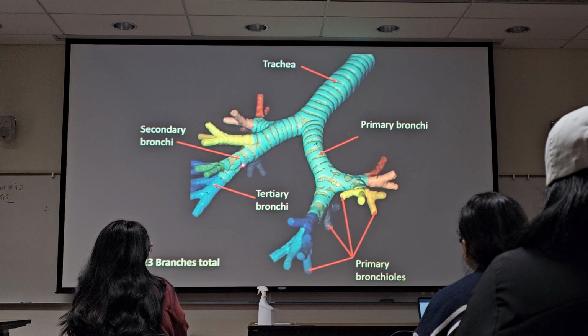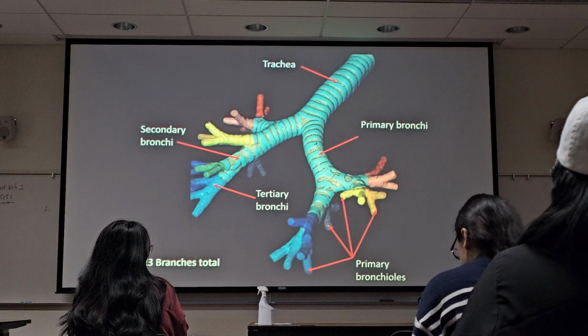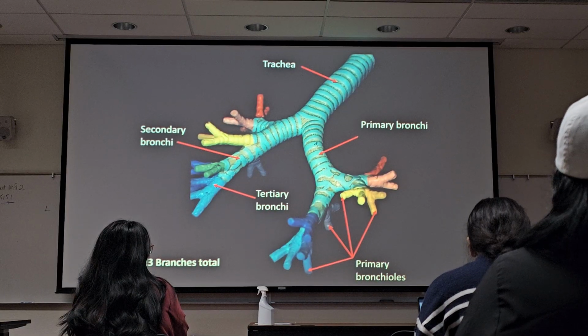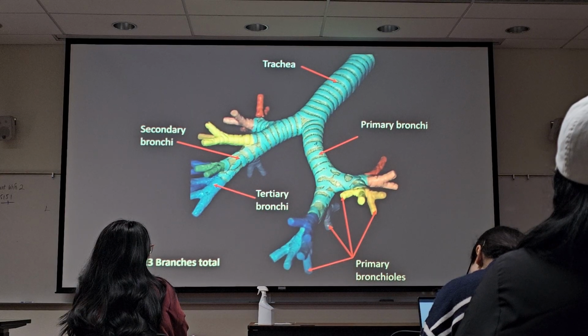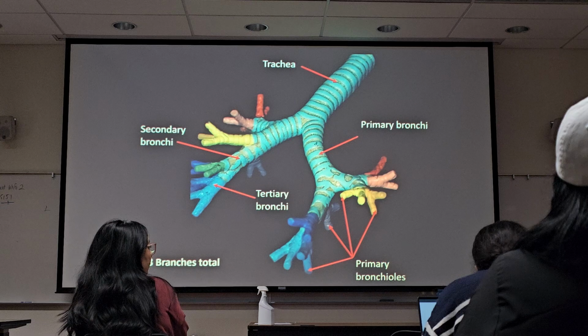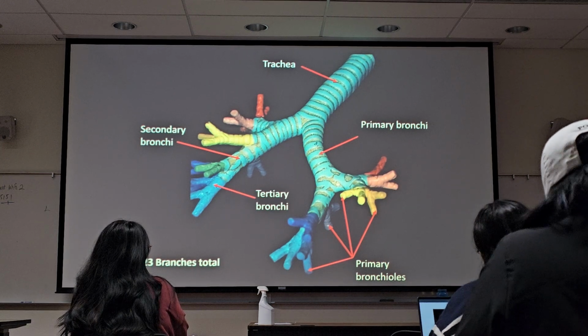And then those divide into tertiary bronchi, 10 on the right, 8 on the left. And then finally, those tertiary bronchi are going to change into bronchioles. Just like our arteries turn into arterioles, our bronchi turn into bronchioles.